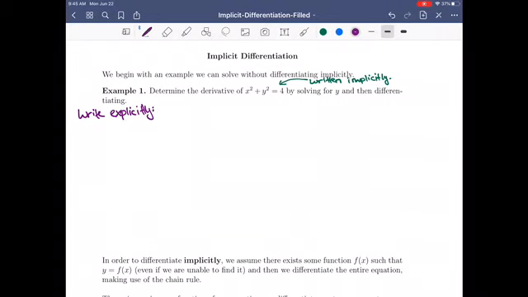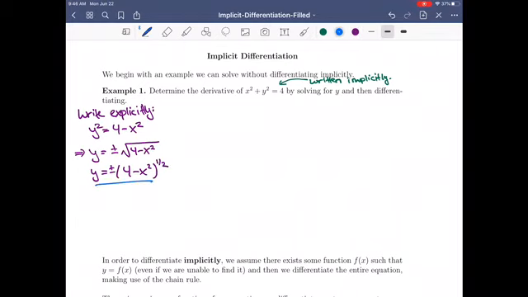So if I solve for y, I'm going to have y squared equals 4 minus x squared. And then I need to take the square root of both sides. When I do that, I get a plus or minus. Okay, so there could be positive versions and negative versions. So you could also write this as plus or minus (4 minus x squared) to the 1/2 instead of the square root.